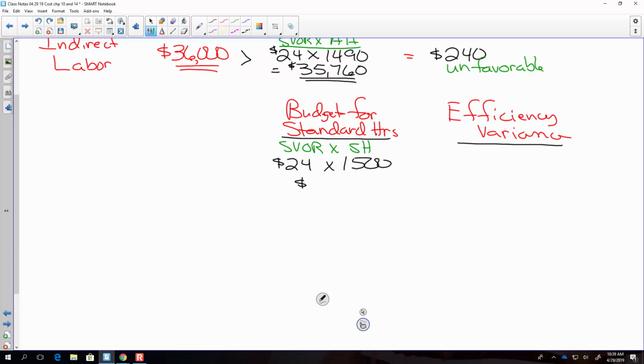How much is this? 36,000. Okay. So my efficiency variance is going to be looking at the difference between these two cells, which again is 240. It's just coincidence that our applied amount is the same as our actual number. But which direction though? Favorable. This one's favorable.